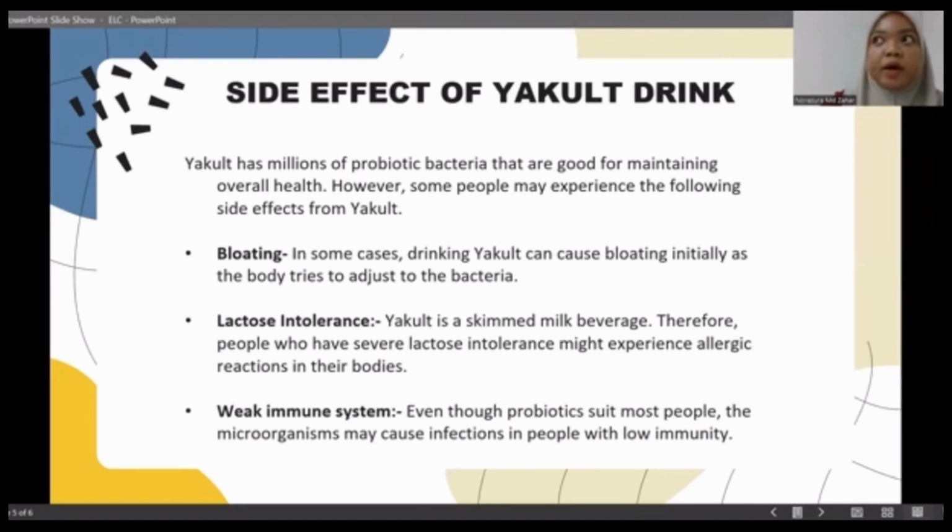The next is about the price. Yakult comes in different sizes. The price I think is like 4 ringgit or 5 ringgit, just like that, not too much.